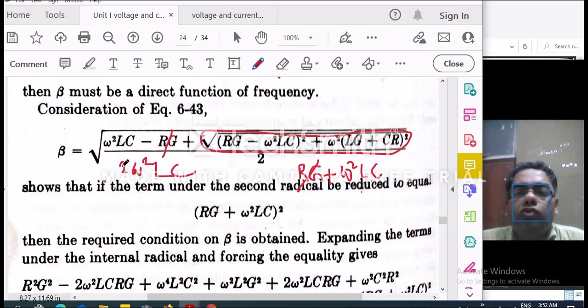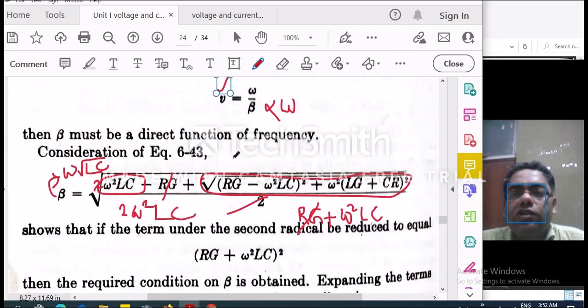Then this 2 and this 2 will cancel out, and I will get root over omega square lc. So beta will become omega root lc.